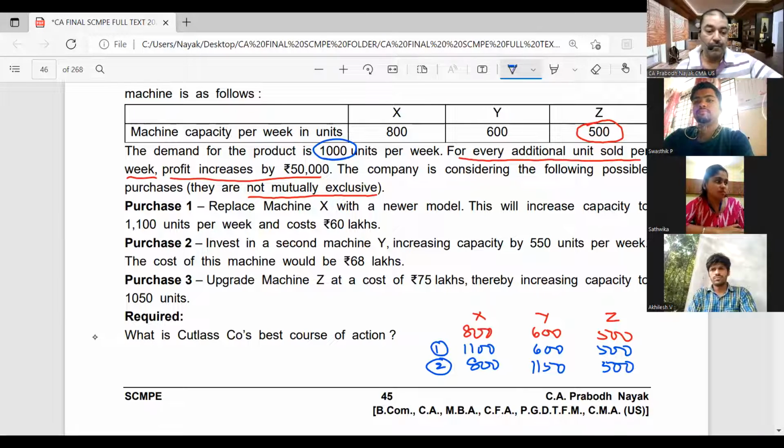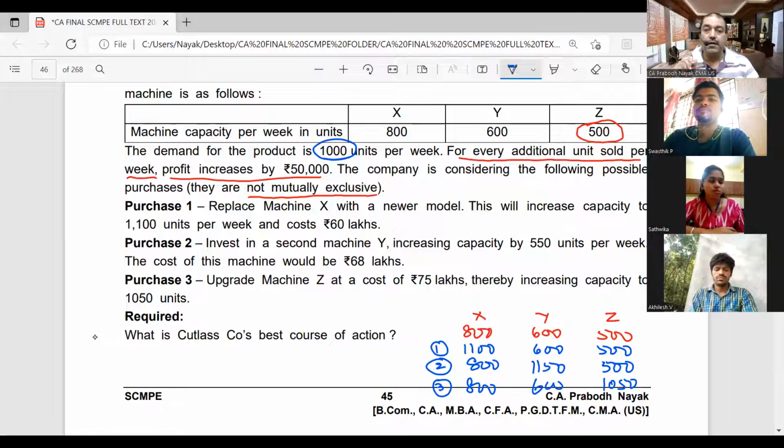What does option 3 say? Option 3 says upgrade machine Z at a cost of 75 lakhs, thereby increasing the capacity to 1050 units. So if I go for option 3, this will remain 800, this will remain 600, this will become 1050. Is the problem solved?